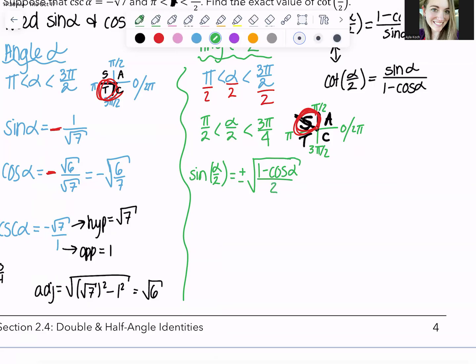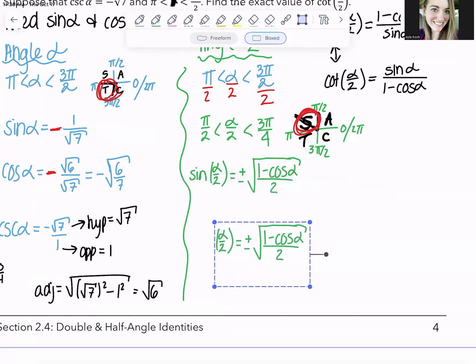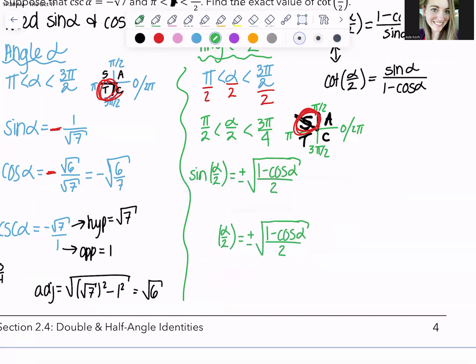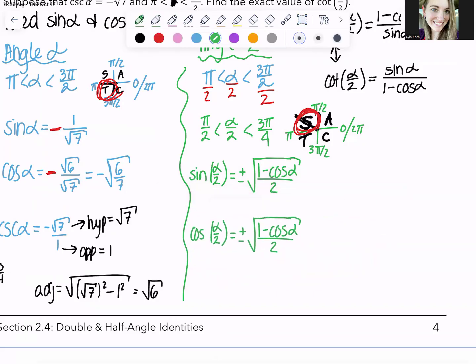My brain is trying. So this will be sine of alpha over 2, and then cosine of alpha over 2. Sine will be positive because alpha over 2 is in quadrant 2. So sine is positive and cosine is negative.